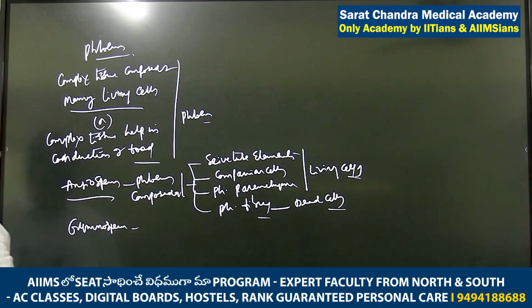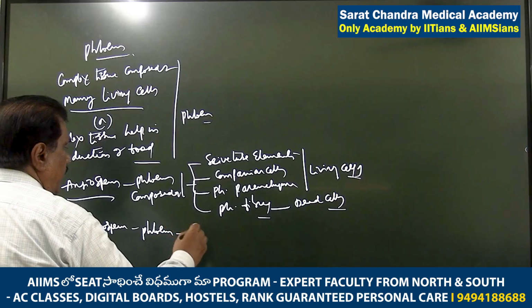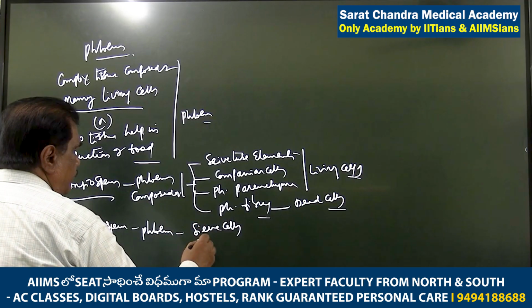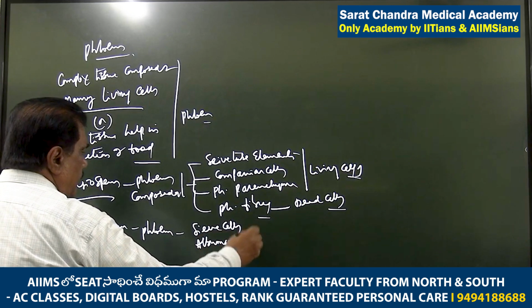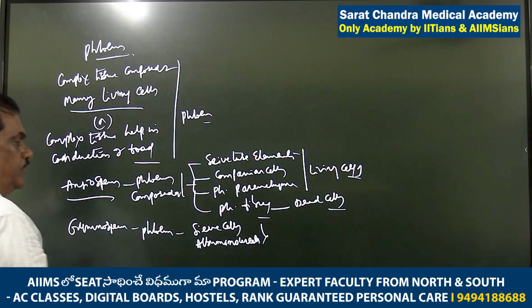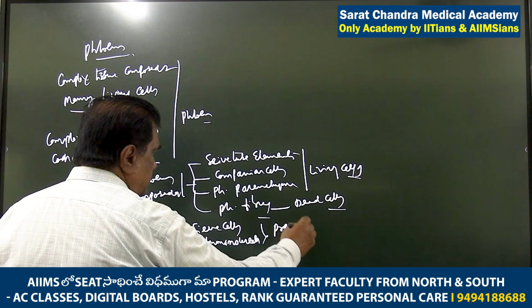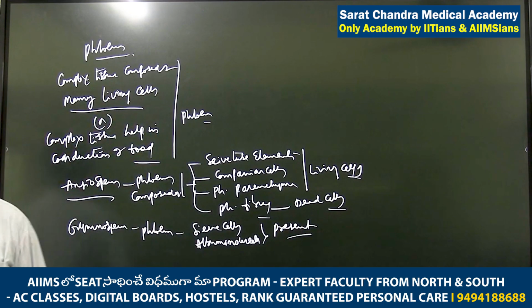But in gymnosperms, the phloem has sieve cells and albuminous cells. These two are present in the phloem of gymnosperms.